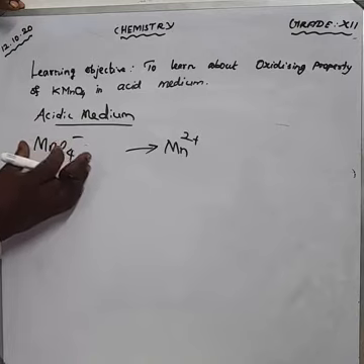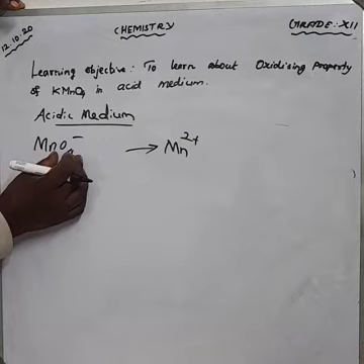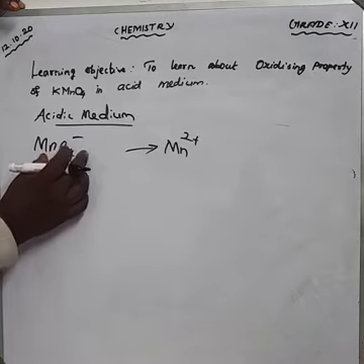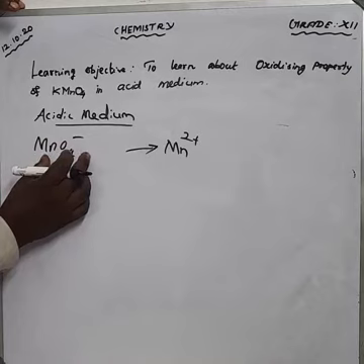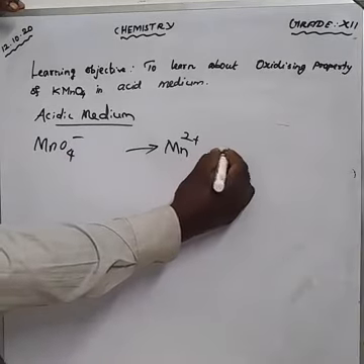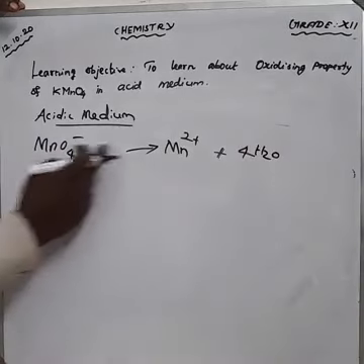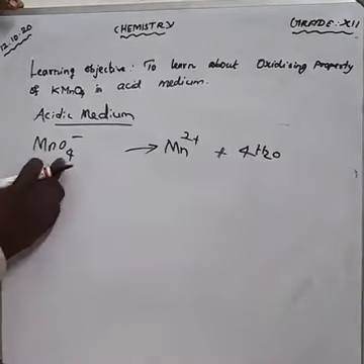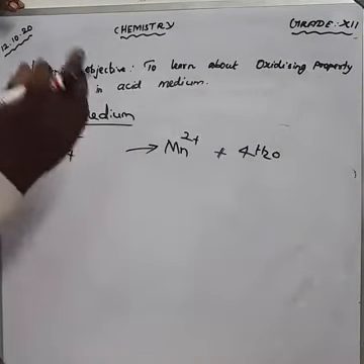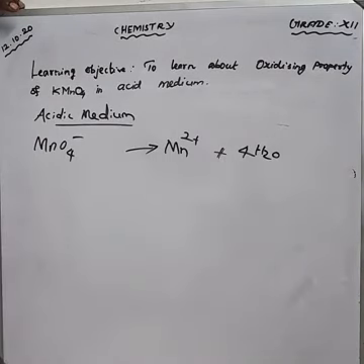Acidified potassium permanganate in acidic medium is somewhat different. Here there are 4 oxygen, so you should write 4 molecules of water on the opposite side.